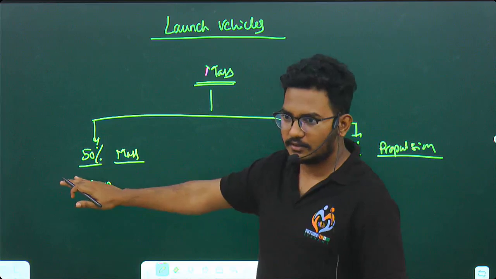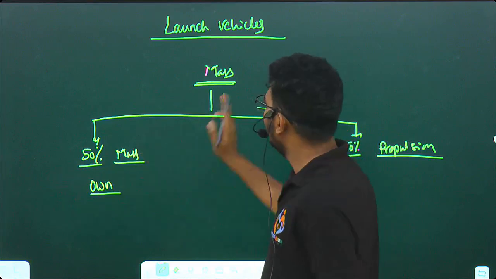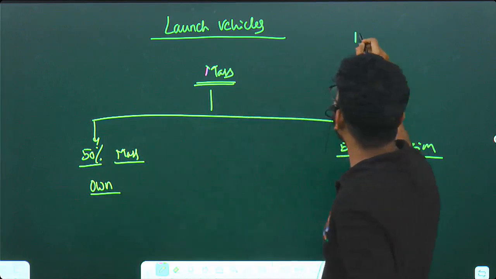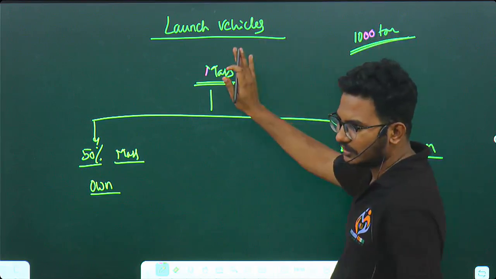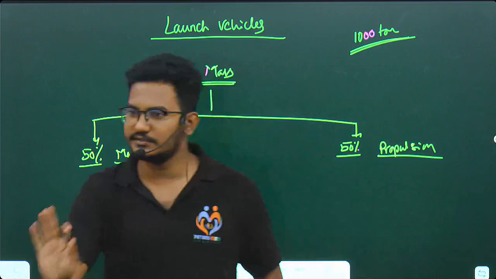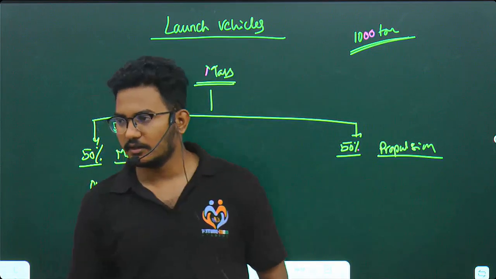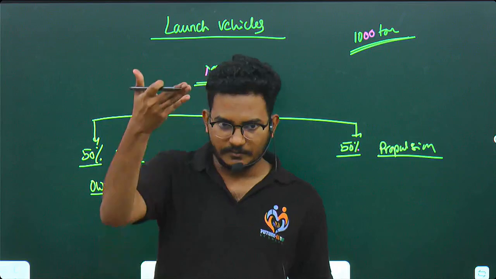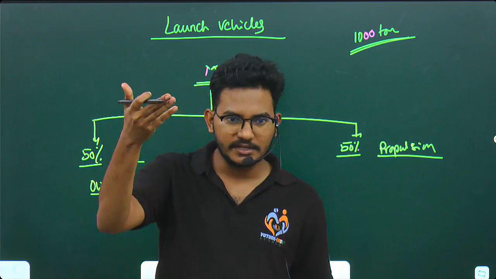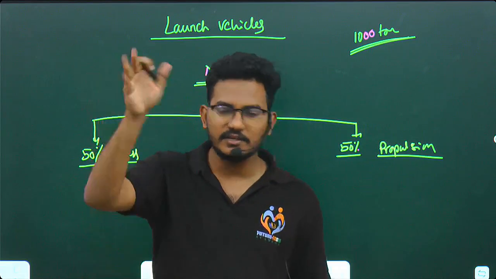See here, let's say the mass of the launch vehicle is 1000 tons. Generally it is mass, though people will call it weight. Why do we take it as mass? Because once we go up, the weight formula is mg, so gravity will decrease and obviously weight will decrease.